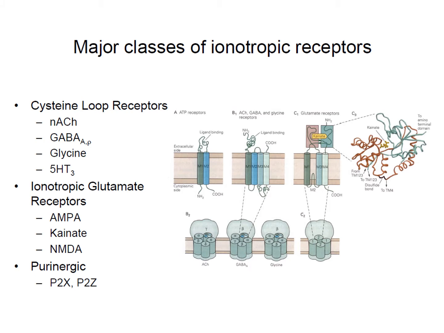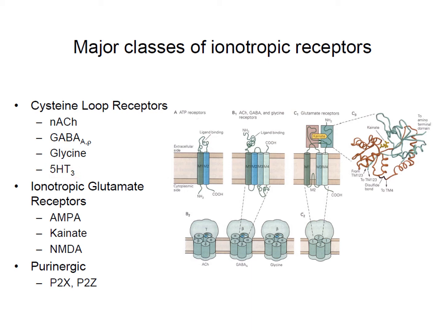So there are different ligand-gated channels we can find in eukaryotic cells. And here is a list of how the different major ionotropic receptors are distributed among the 3 families. The Cys-loop receptors include the nicotinic acetylcholine receptors, GABA and glycine, and also serotonin receptors.